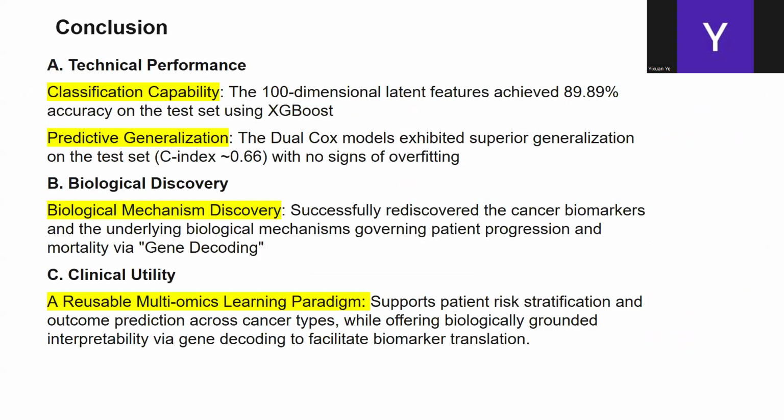Finally, in conclusion, first, for technical performance, our unsupervised representations provide strong and stable prediction for both classification and survival modeling. Then, for biological discovery, via gene decoding, we connect predictive signals back to interpretable biomarkers and plausible biological mechanisms.